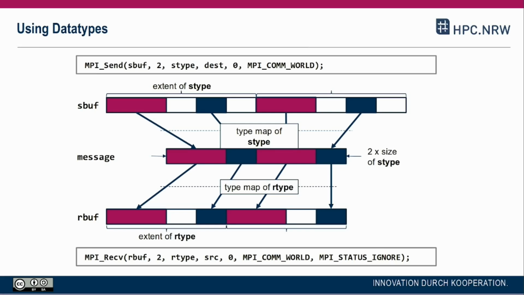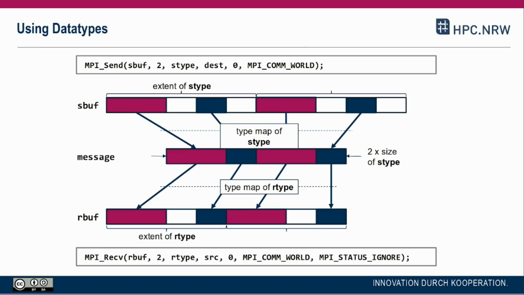Okay, so looking at a visual example here, we have some form of pattern. We have something like a double that has 8 bytes. We have a gap. We have an integer. We have a gap, and the same thing repeats.